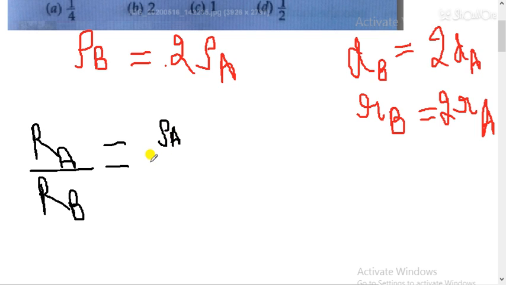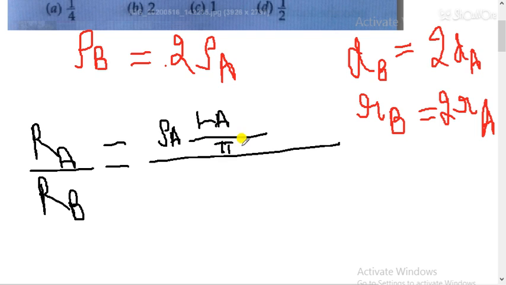Now, rho A into L, let's suppose LA. In the denominator I have the area in terms of pi r square, because it is a circular cross section, so pi RA square here.